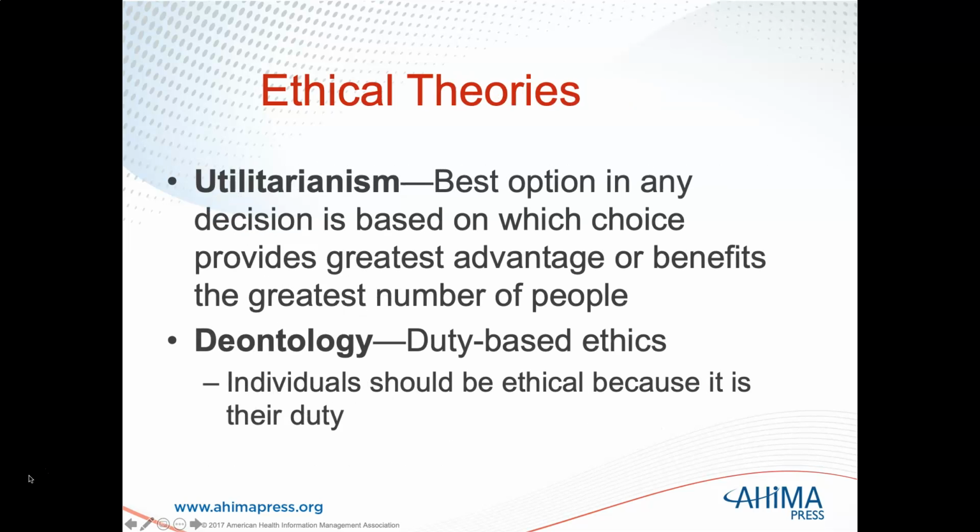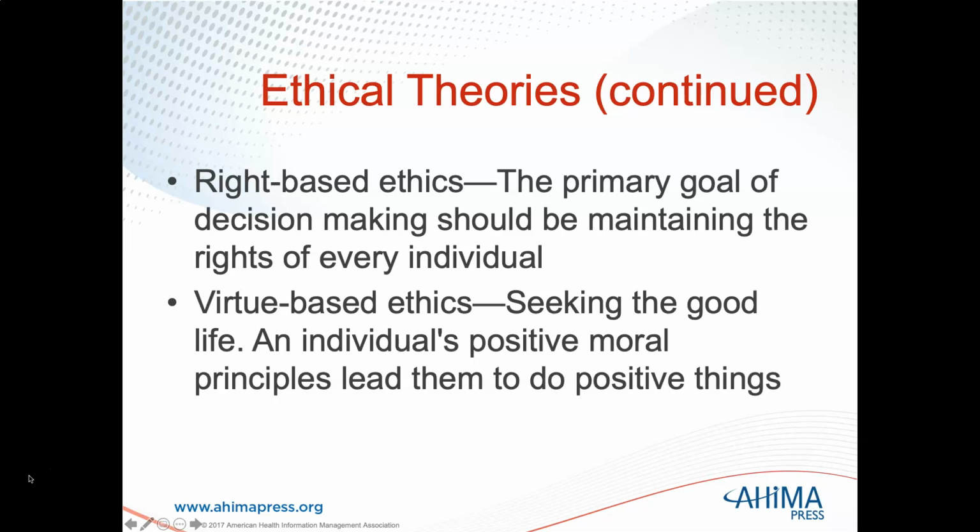So, some ethical theories. There's one called utilitarianism. There's another, deontology. I'm going to, again, guide you back to your book for this information. This is all on page 16. Also, rights-based ethics versus virtue-based ethics.